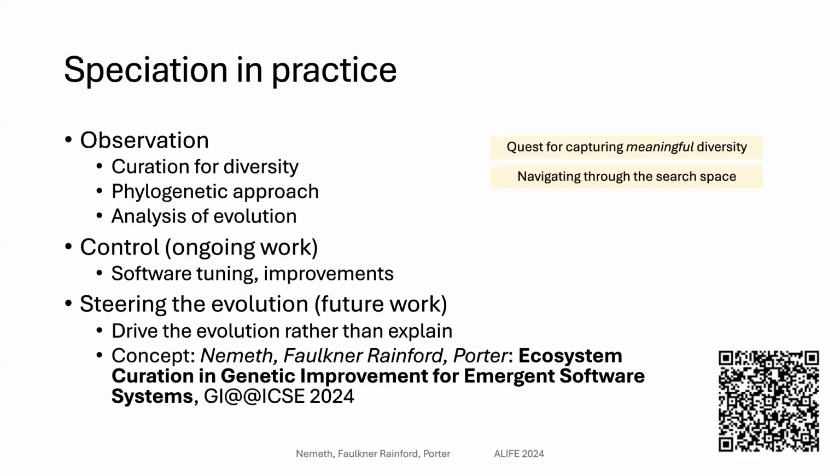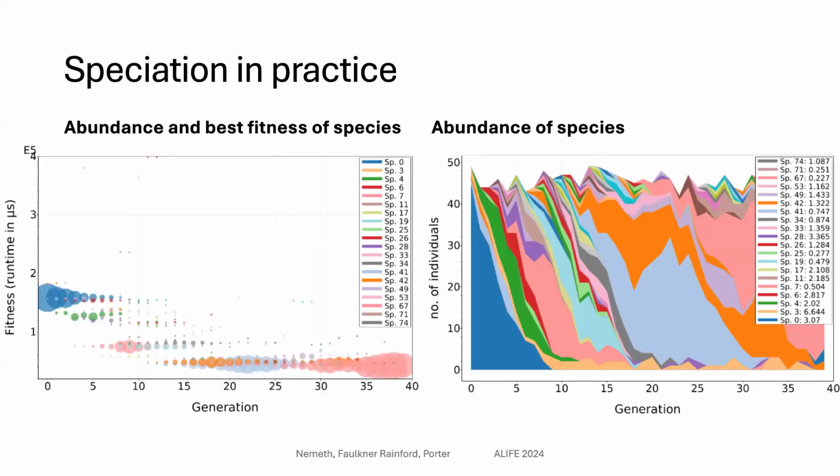So finally, I will show you some examples. Essentially, we would like to observe, control the evolution, and then finally find more complex strategies to govern the evolution. This is more or less future work. So here we can see how species are spawned, living, declining, and extinct. Here we start off with the green species.